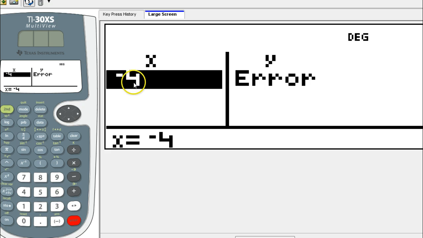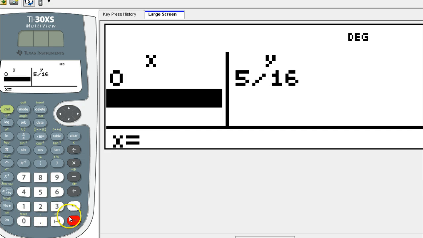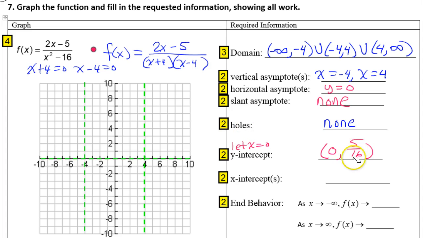Okay, if I put 0 for x, then the calculator is going to evaluate the function for me, and there's that 5/16 that we found by hand a moment ago. So if you know what you're doing, it's actually easier to do by hand. But if you don't, hey, use your calculator.